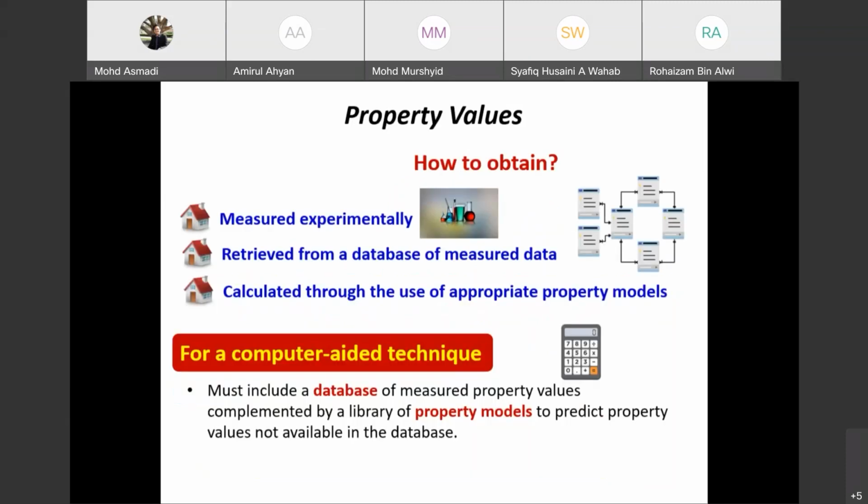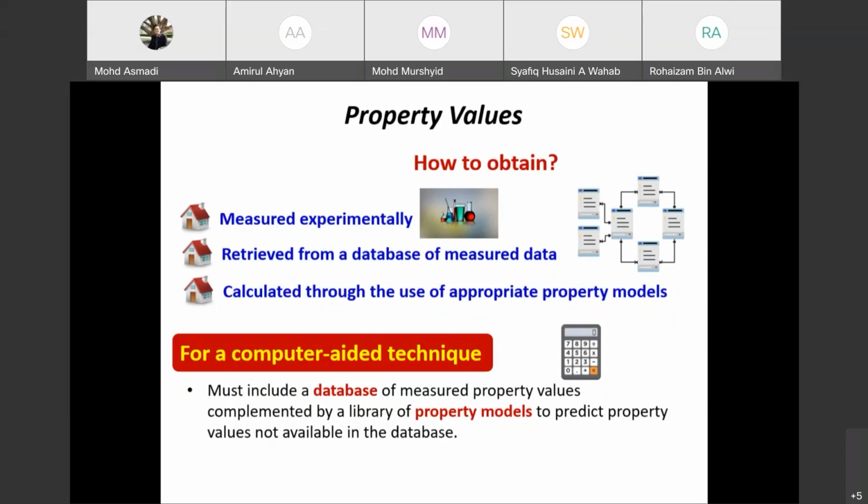Another one is the property values. This is required. You may retrieve them from a database and then calculate.